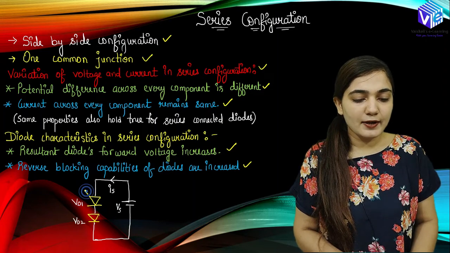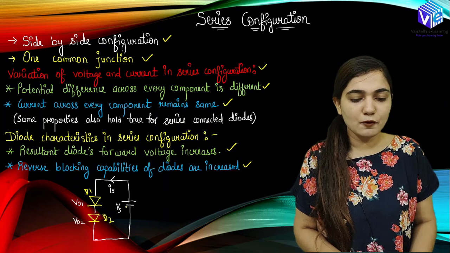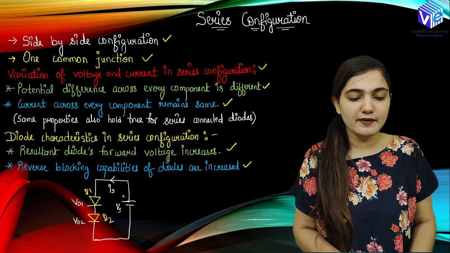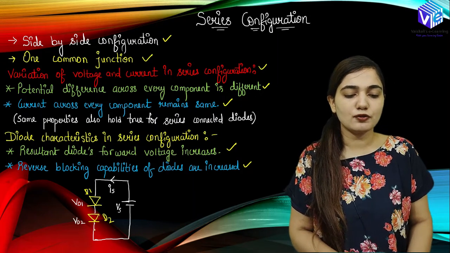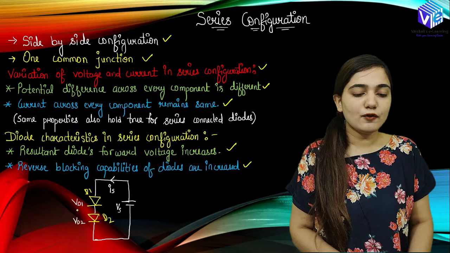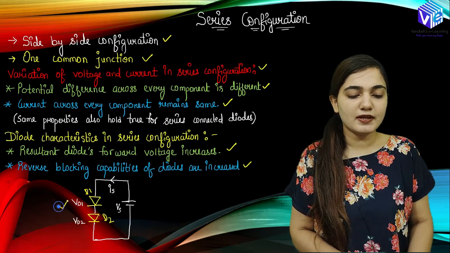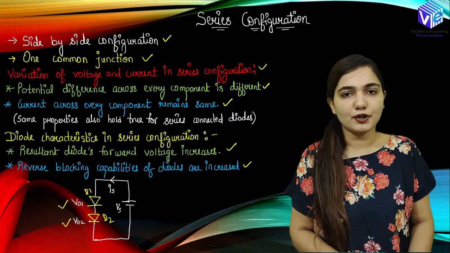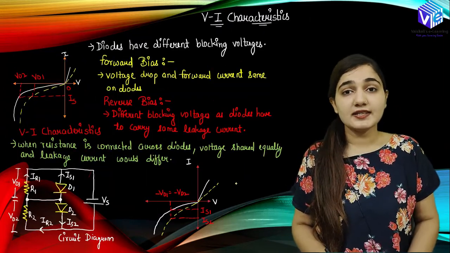This is my diode 1 and this is my diode 2. We are supplying some voltage over here which is represented by Vs. Current Is is flowing through both of the diodes, so I will be having the same current flowing through both of these diodes, and the voltage across these two diodes would be different, which is represented by V01 and V02, right? I hope you understood what the series configuration is.